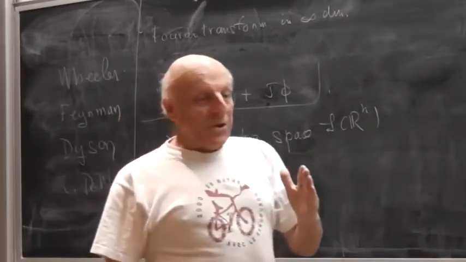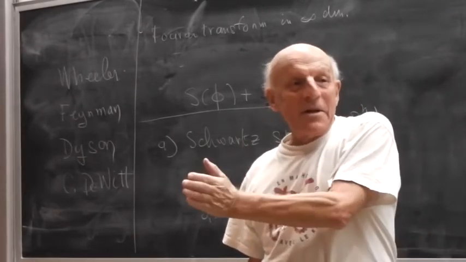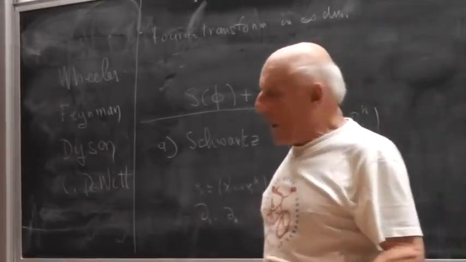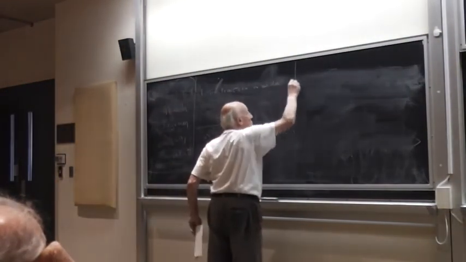You know that in Fourier transform, if you multiply by x, the Fourier transform is a derivative. So we want to combine it. And what Schwartz did is the following.